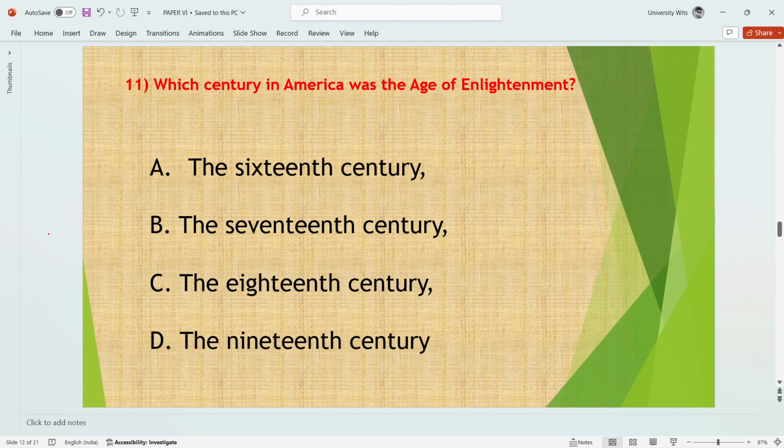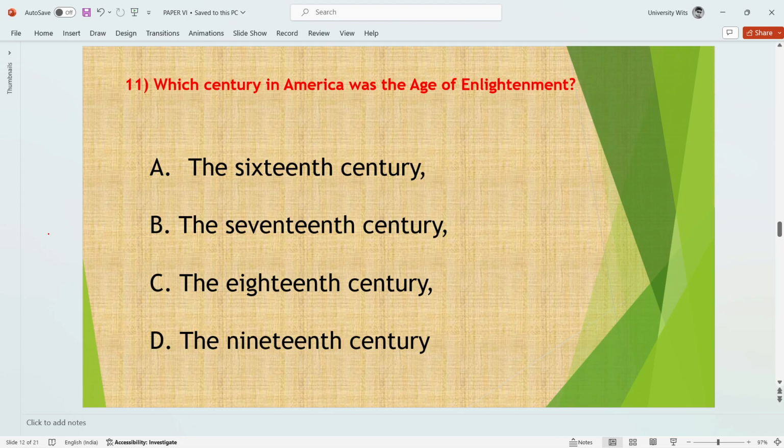If you read about the Age of Enlightenment and the Puritan Age, you will understand the timeline. If you read about the Enlightenment period, you will get a timeline of 1700 to 1800. It is also mentioned in your SLM, I think, where you will get when the Enlightenment age started.